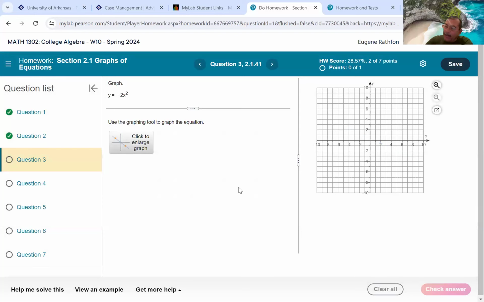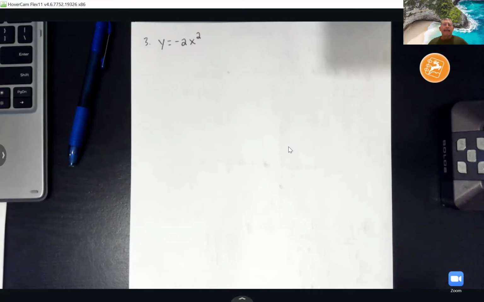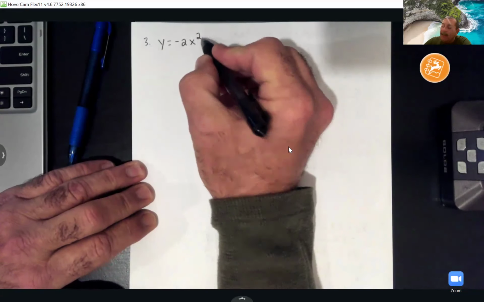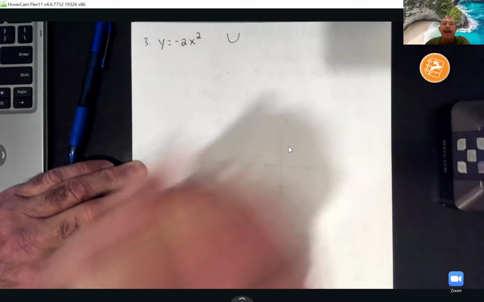All right, y'all. So what's this one? Y equals negative 2x squared. All right, so now we're getting off of the straight lines. So when we got x squared graphs like this, these make what we call a parabola.